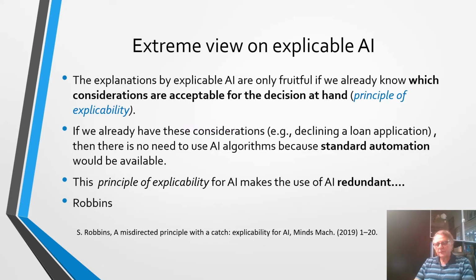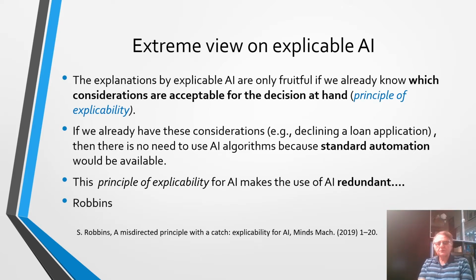The next question that we want to discuss is what is the scope of explicable AI? Some extreme view is here. It was recently published by Robbins in Minds and Machines.